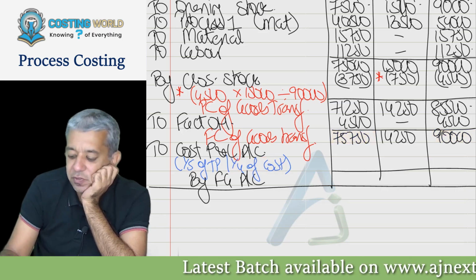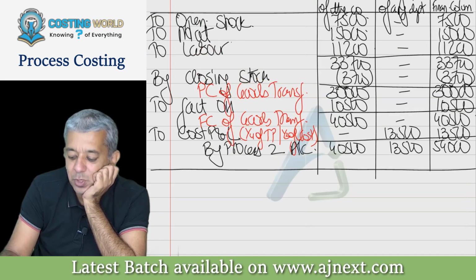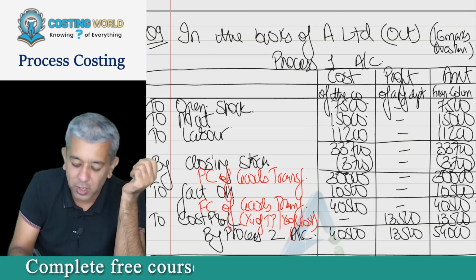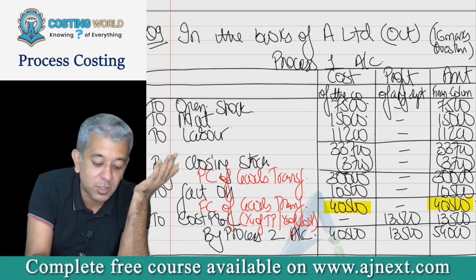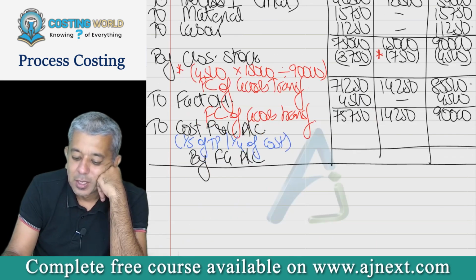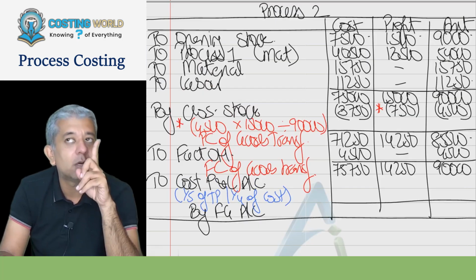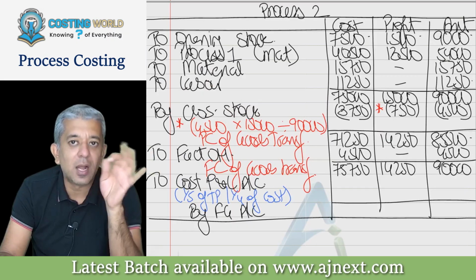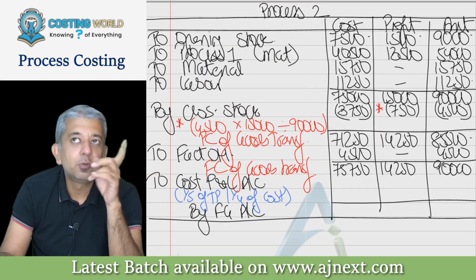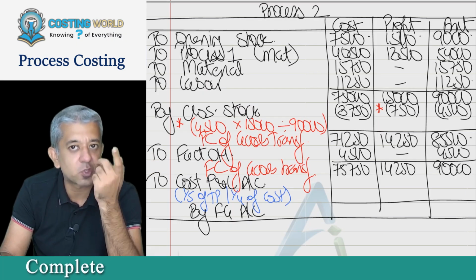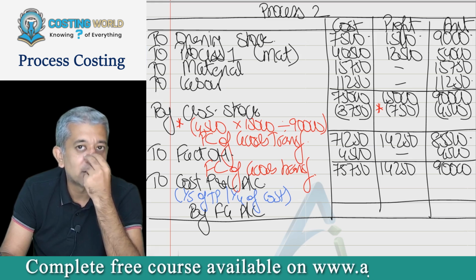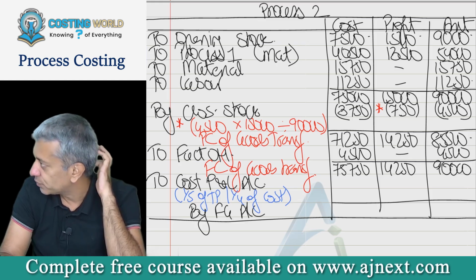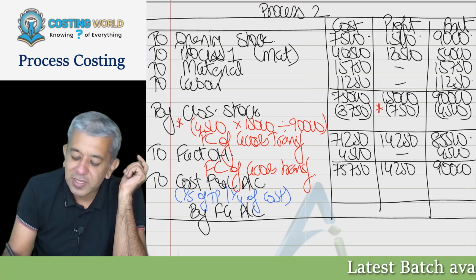Obviously, in process 1, I could not have asked you that, because both these numbers were the same, as that was the first process. Now, everybody think for 10 seconds more. P2 will transfer the goods to finished goods at 1/4 of its cost. Last time I'm asking, 1/4 of which figure, 75,750 or 90,000? Obviously 90,000.